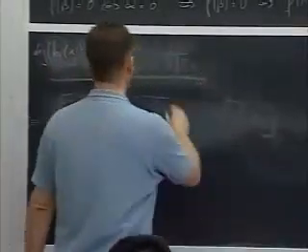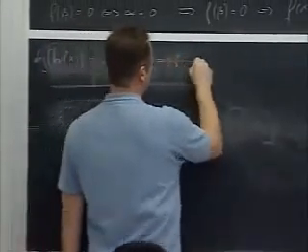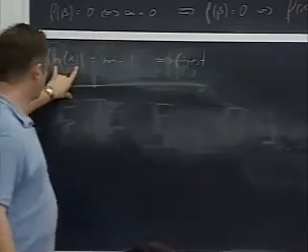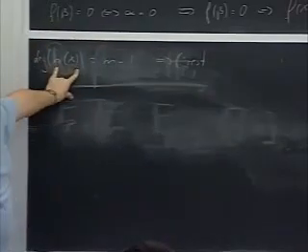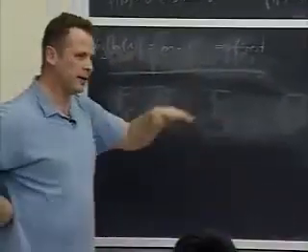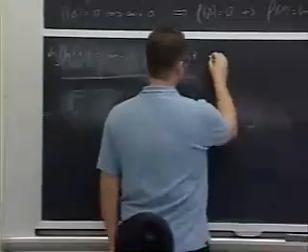The rest follows by induction. Basically, we can then prove that this polynomial has at most m minus 1 roots and so on. We can descend this route.